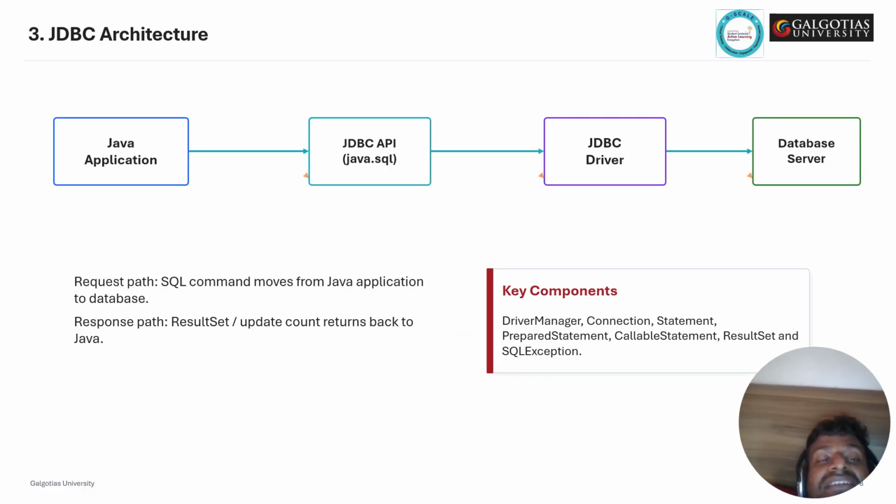JDBC architecture. There are four parts to the architecture: Java application, JDBC API in the java.sql package, JDBC driver and database server. The request is an SQL command: select, update, delete, moving from the Java API to the database. The response is a result set, update count, returned to Java.